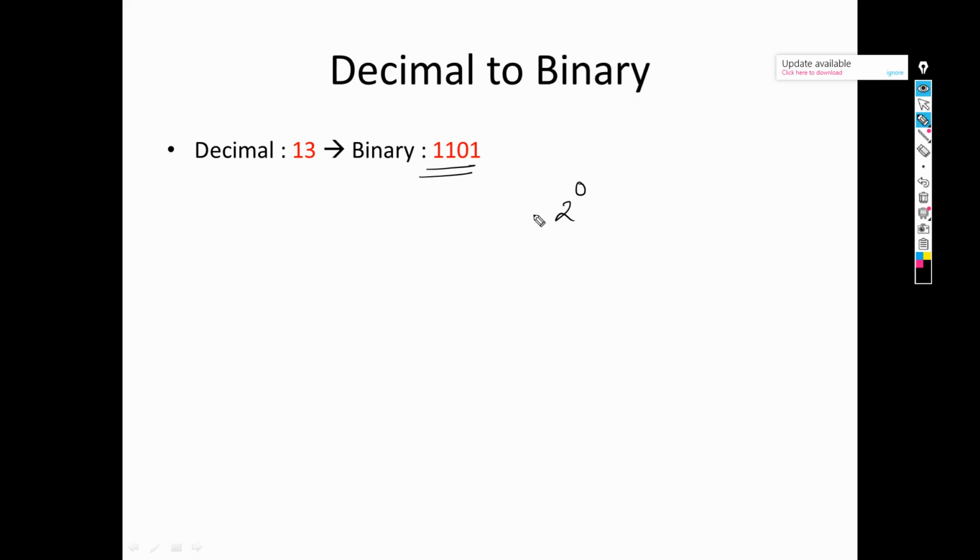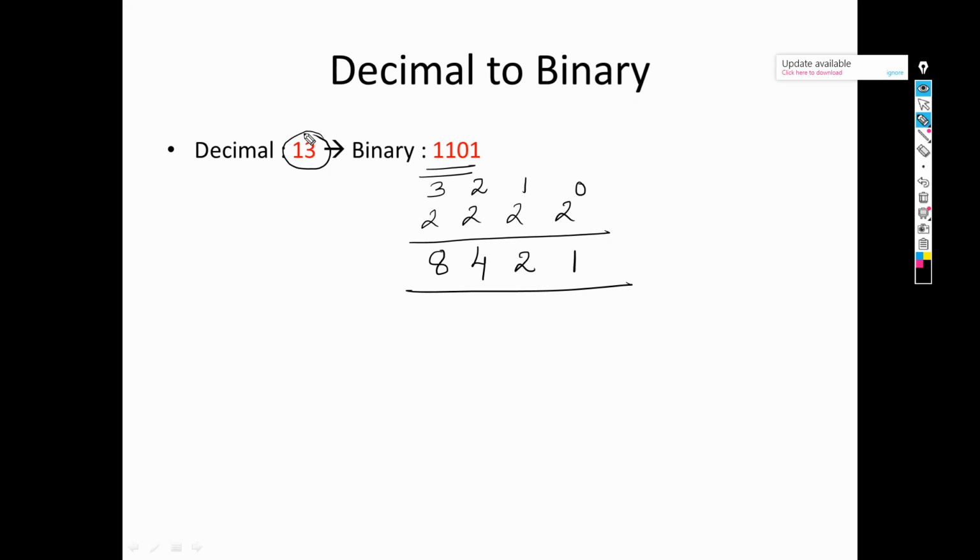We can write 2 power 0, 2 power 1, 2 power 2, 2 power 3. What is 2 power 0? It is 1. What is 2 power 1? It is 2. This is 4. This is 8. Now what you want is 13. So choose all those numbers whose summation will be 13.